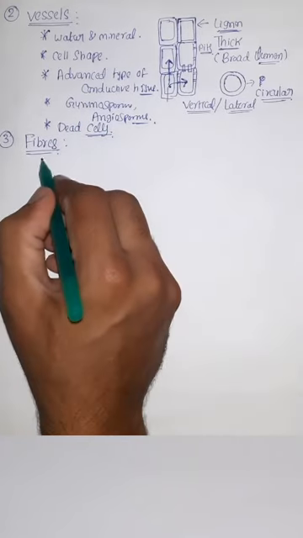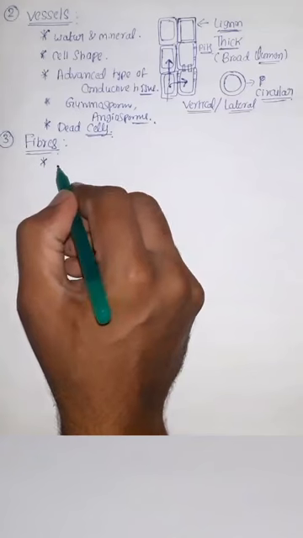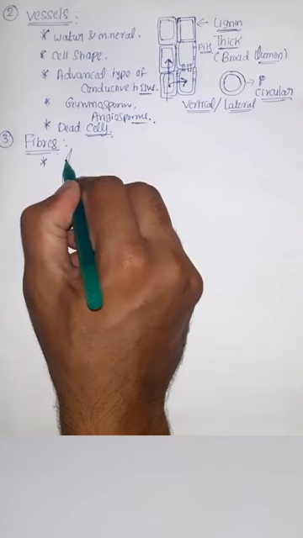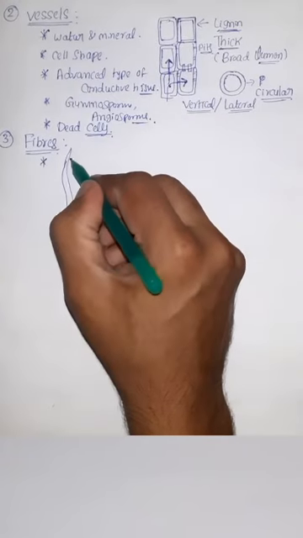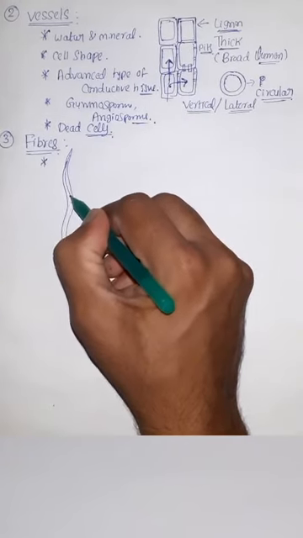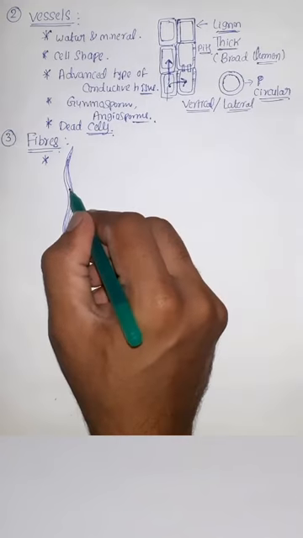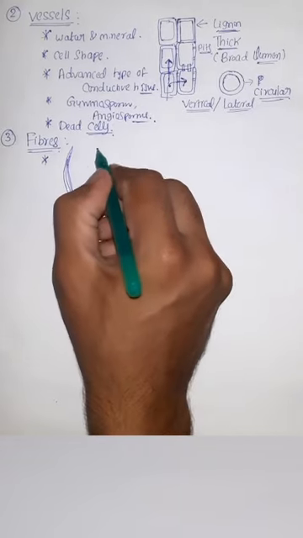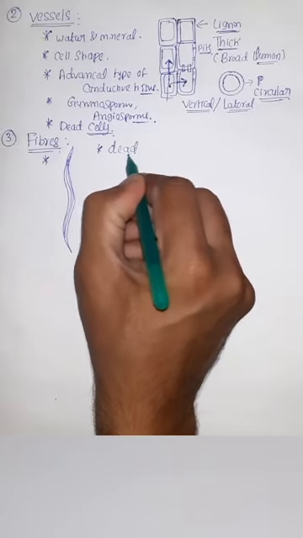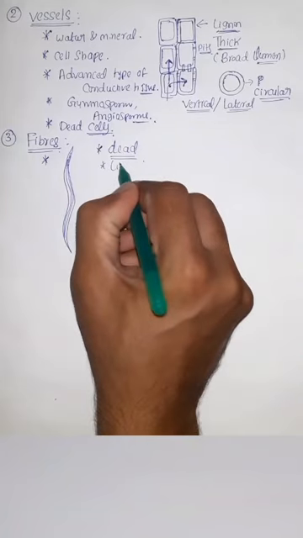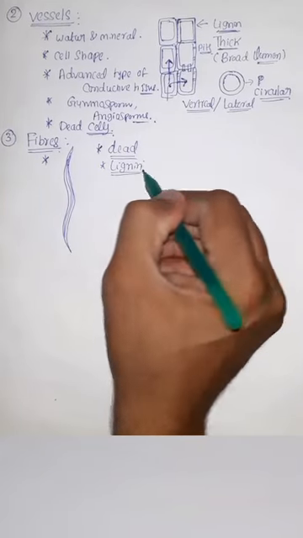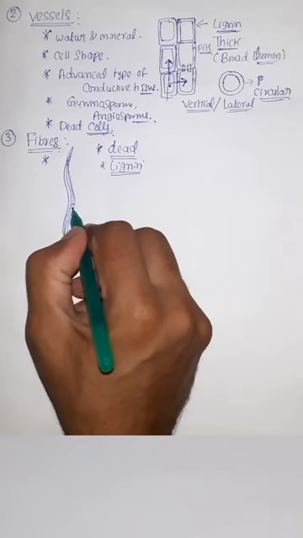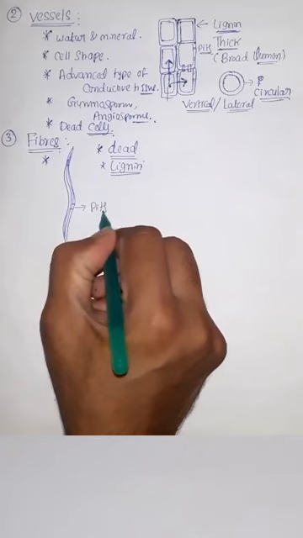Next, coming to the fibers, they are also elongated cells with a very narrow lumen, even narrower than tracheids. These cells are dead because lignin is deposited here also. Here also we can see pits.